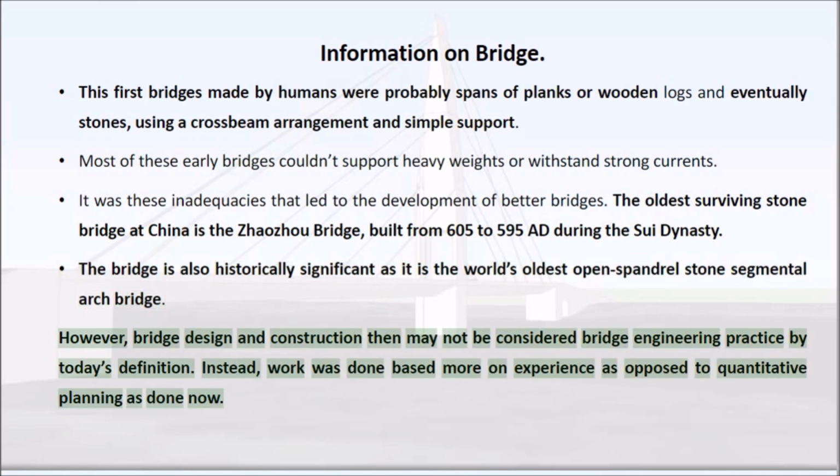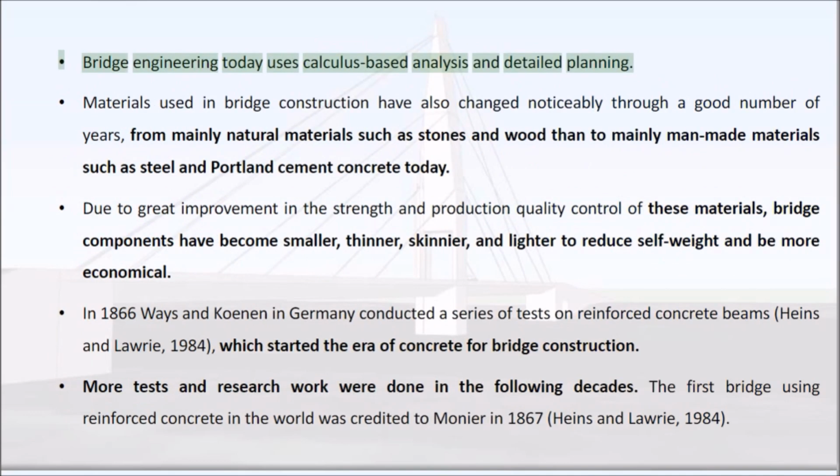However, bridge design and construction then may not be considered bridge engineering practice by today's definition. Instead, work was done based more on experience as opposed to quantitative planning as done now. Bridge engineering today uses calculus-based analysis and detailed planning.